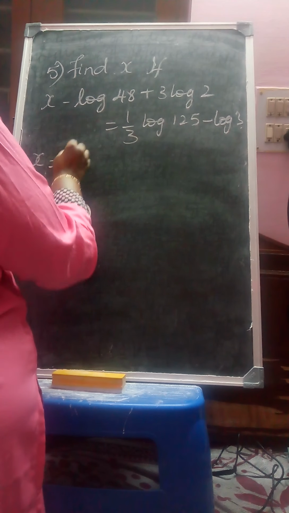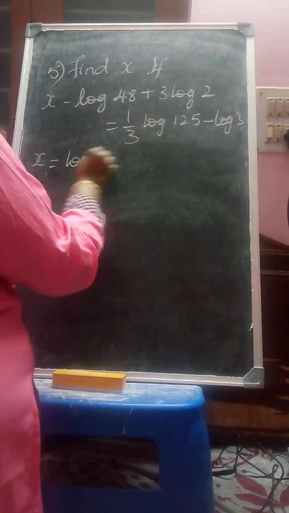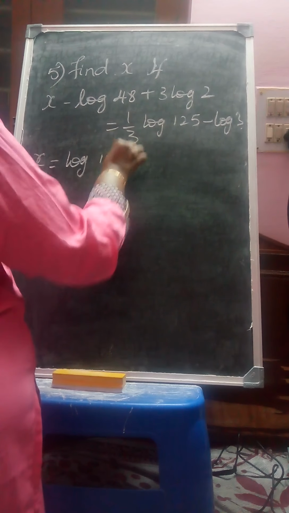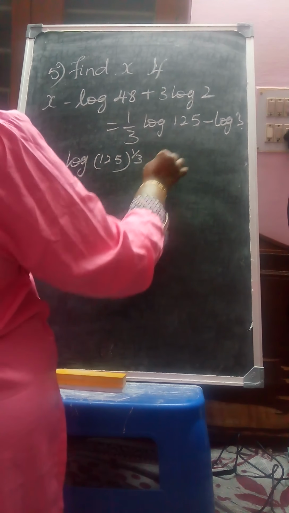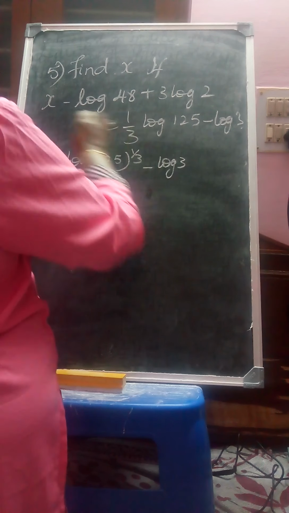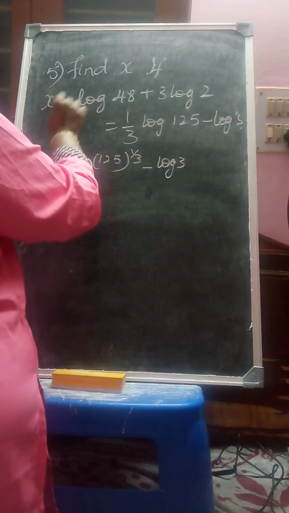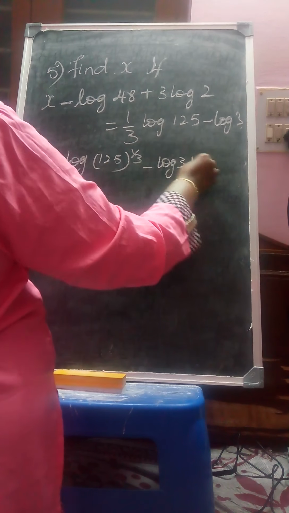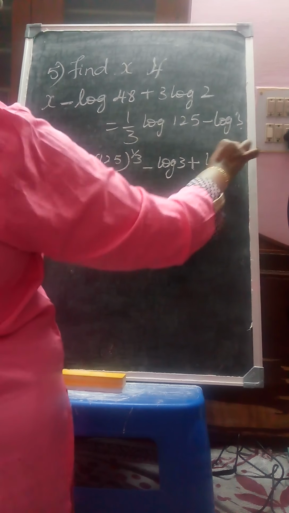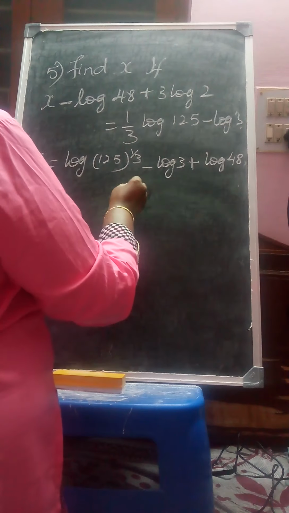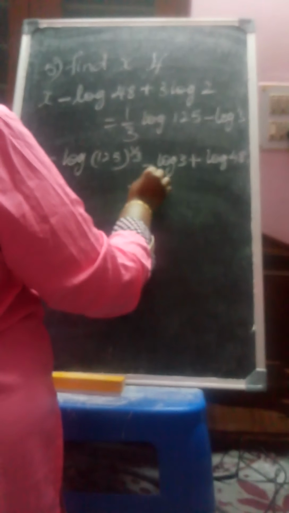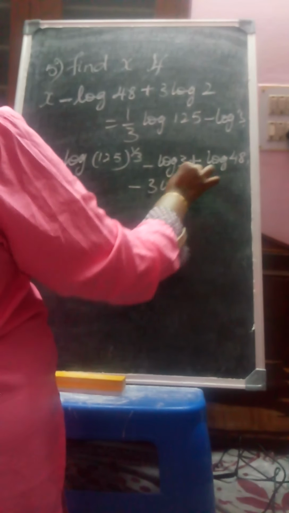Here, see 1 by 3, I can take it as log 125 raised to the power of 1 by 3, okay, minus log 3. Now this minus here comes that side and becomes plus log 48. Okay, and this plus, when it comes that side, it becomes minus 3 log 2.